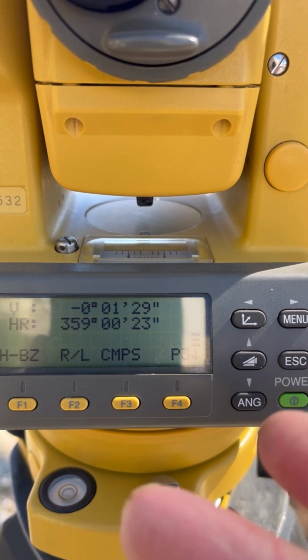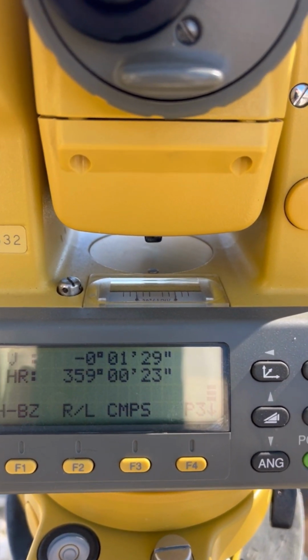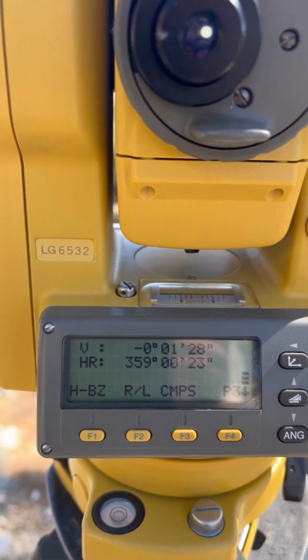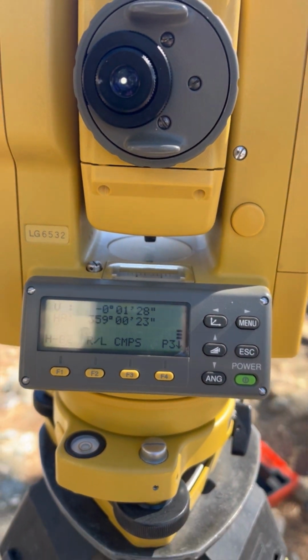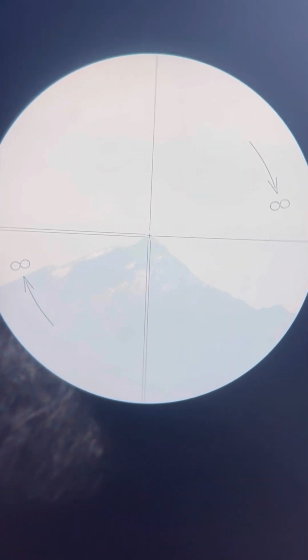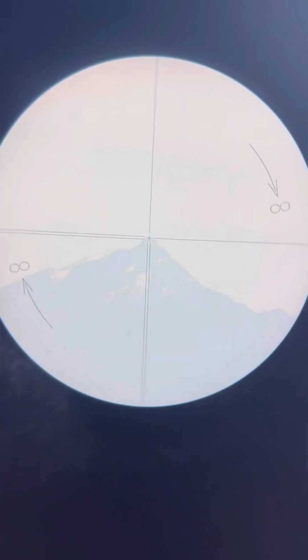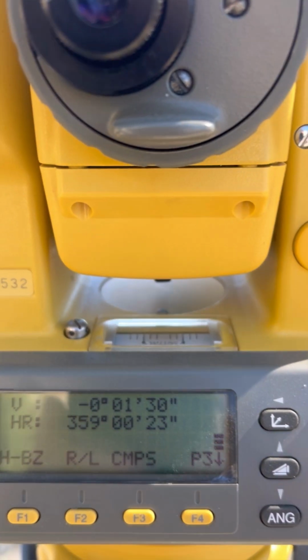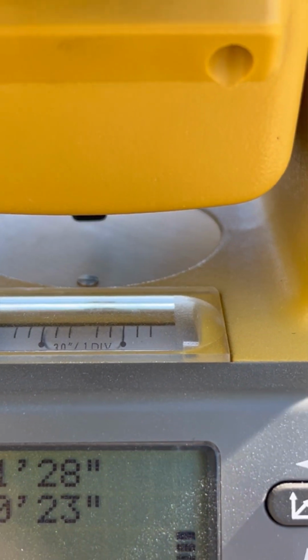All right, so I've got a measurement here of negative 1 minute, and it looks like 28 arc seconds. And let's take a look at where Mount Wrightston is measuring. So I'm dead on. Here is my plate level, and here is my circular level.